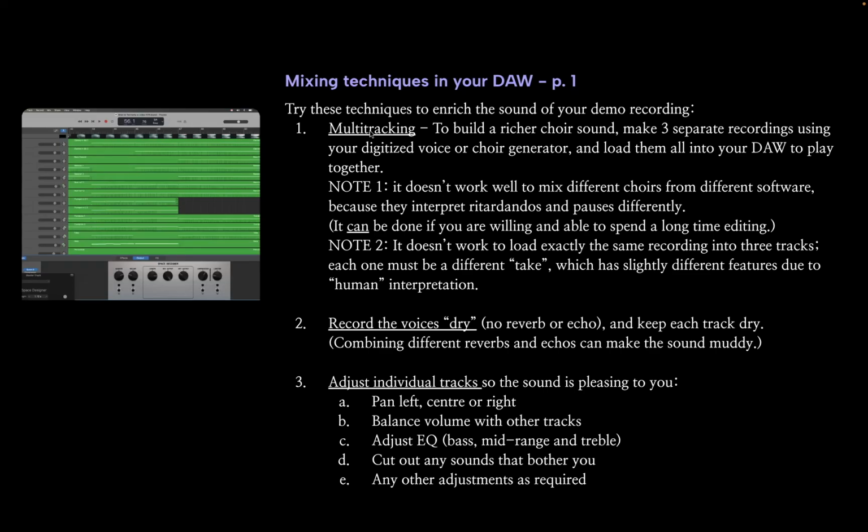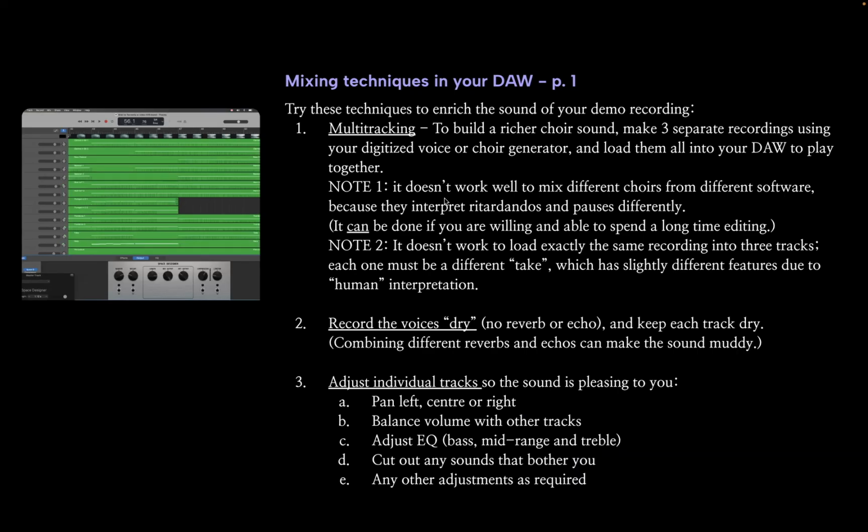Multi-tracking is the idea of adding 3 or 4 recordings together to build a richer choir sound. And I've noted here that it doesn't work well to mix different choirs from different software, because every time they hit a retardando, they will interpret that differently. And if you put a pause in your music, they will interpret that differently.